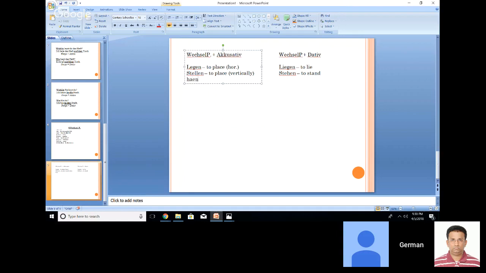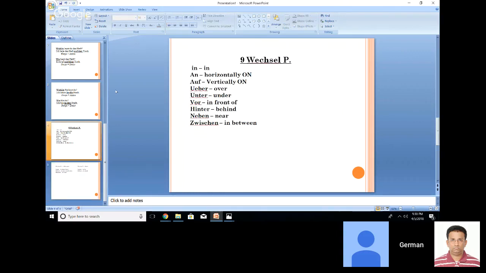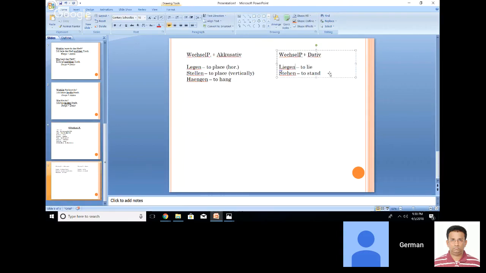Hängen, H-A umlaut, is to hang. Over here as well, we have the same verb hängen. In this case, we are hanging the thing or the object. We are hanging something.